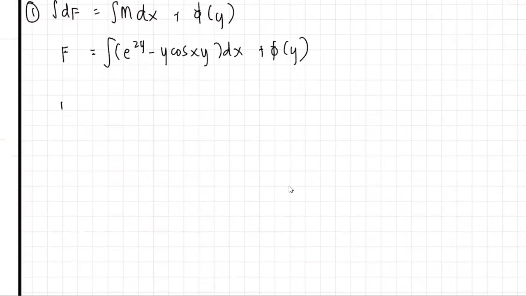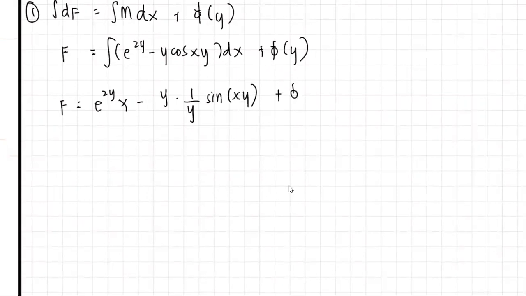Okay? So f will be equals to e^2y x, then minus, lalabas natin yung y, then para maging tama yung nasa loob niya, so cosine xy, di ba? So xy, so dapat ang derivative natin is y dx. So dapat multiply natin ng 1 over y, then integration ng cosine is sine xy, okay, plus phi y.